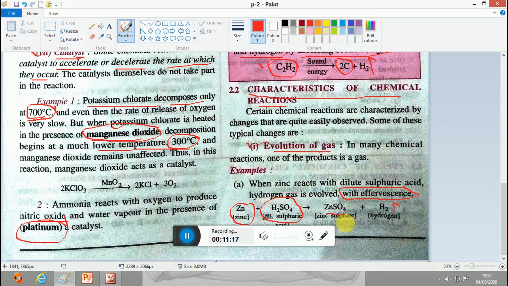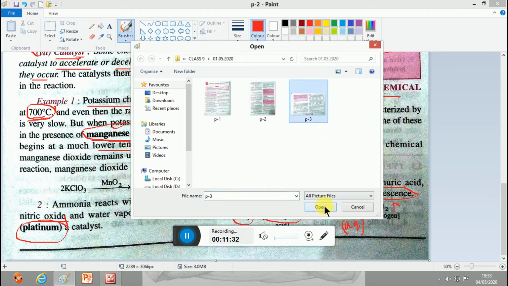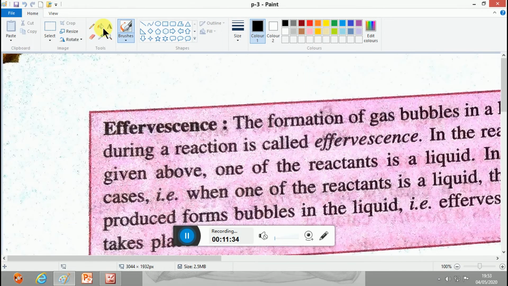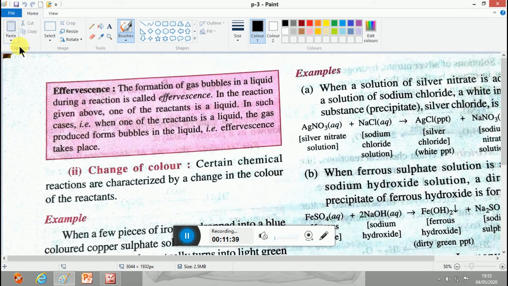ZnSO4, since it's soluble in water, will remain in the water, in the aqueous state. Now, as we have learned, the formation of gas bubbles in a liquid during a chemical reaction with sound is known as effervescence. This is the definition.